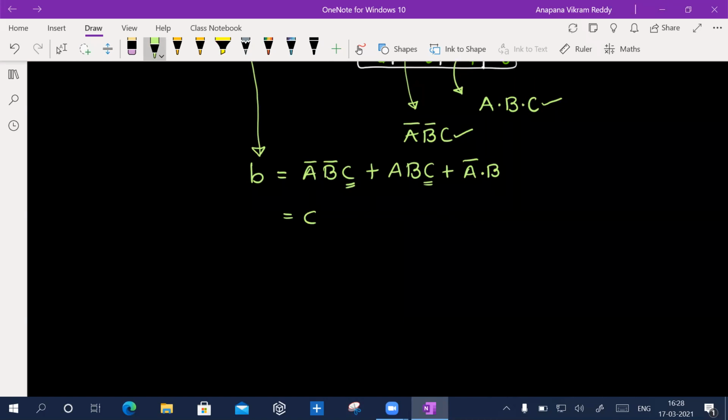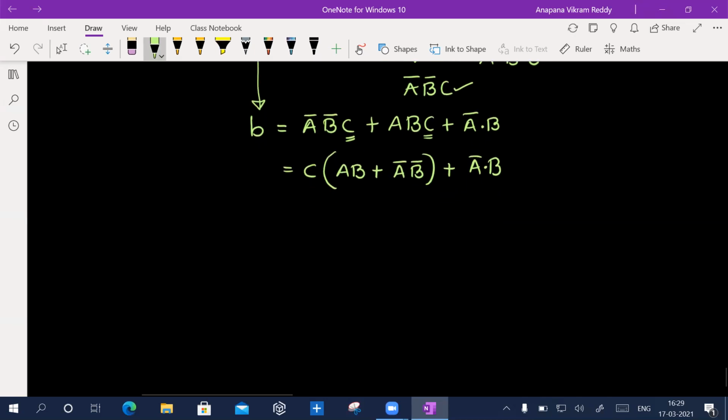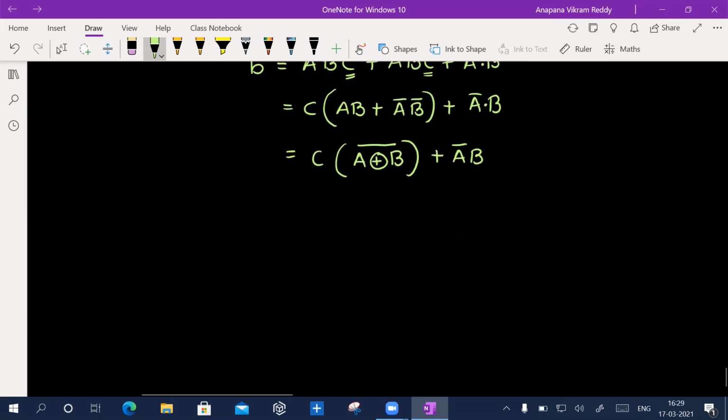If I take C common, then I have AB or A complement B complement, or A complement and B. This guy is C, and this is A exclusive NOR B, which is A exclusive OR B whole complement, plus A complement B. So end of the day, you have A exclusive NOR B or A complement and B. That's it.